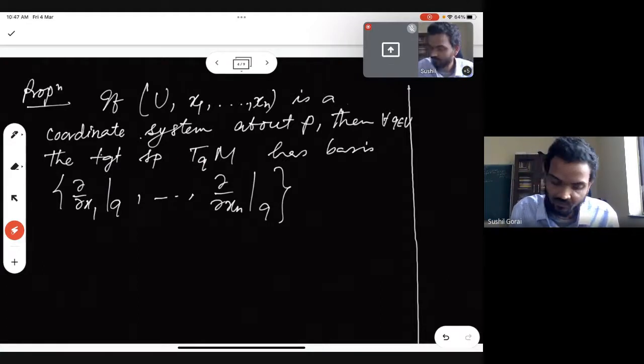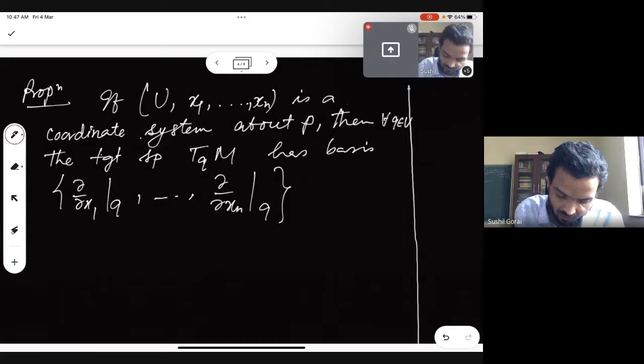Now, can you tell me the proof? This proof is already done by the previous exercise.